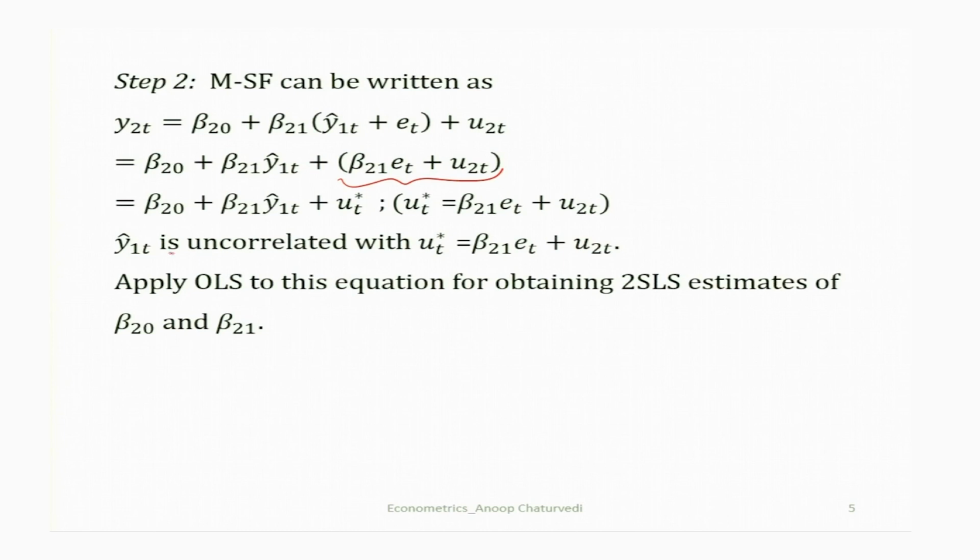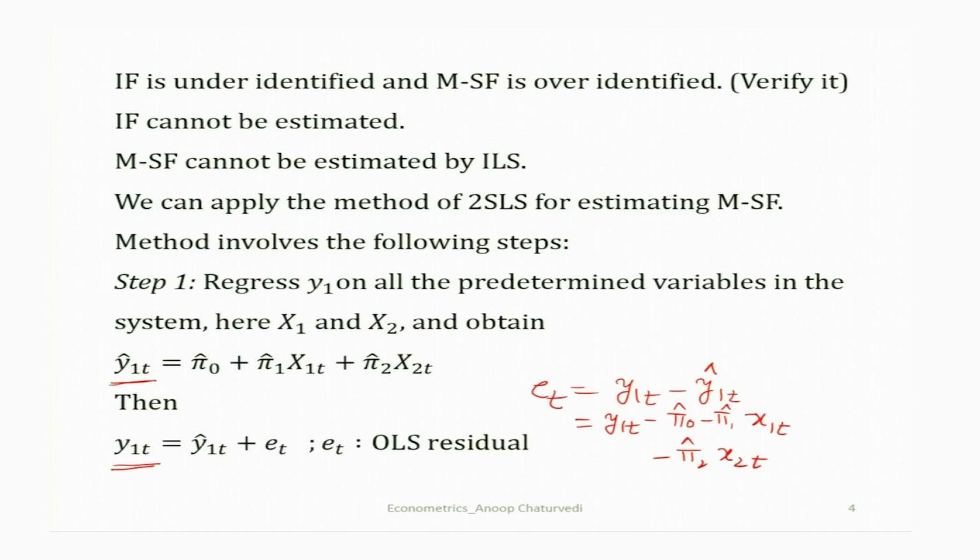Now, y 1 t hat is uncorrelated with u t star equal to beta 2 1 E t plus u 2 t. How do you get y 1 t hat? We run regression between y 1 t and x 1 t, x 2 t, and then we get this predicted value. So, it is uncorrelated with these residuals.